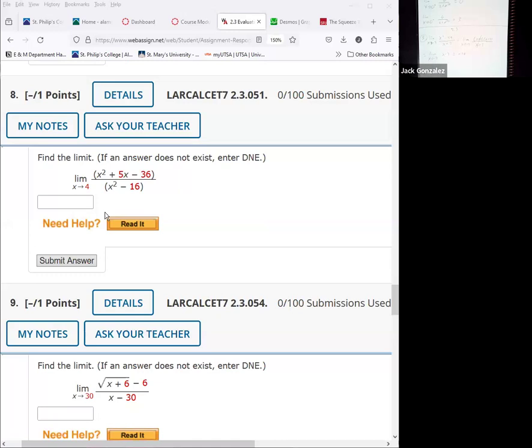Let's do 8. That one just looks a little harder, but not too much. Alrighty, I'm not going to write the title because the notation speaks for itself.